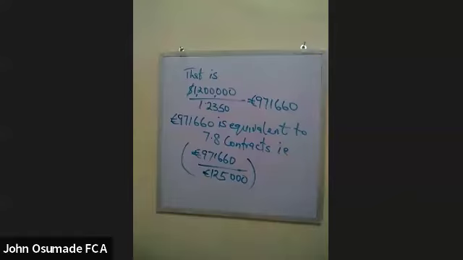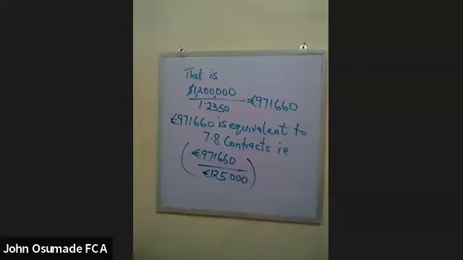Therefore, 971,660 euro is equivalent to 7.8 contracts, if we still assume that our future contract in euro is 125,000 euro, like we've been assuming all this while.